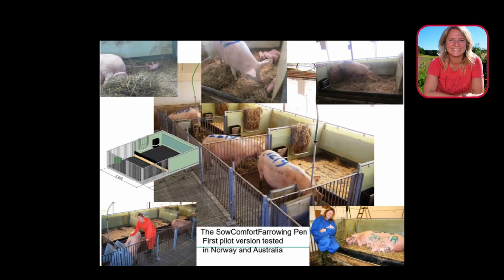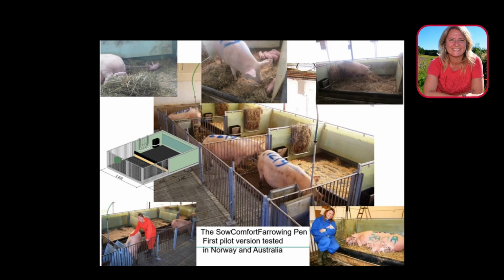By provision of hay racks, we have rubber mats in the resting area. We have a slatted floor area and a threshold between the nest area and the activity area.